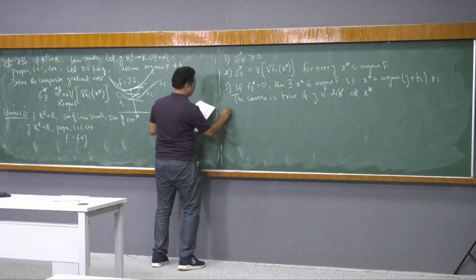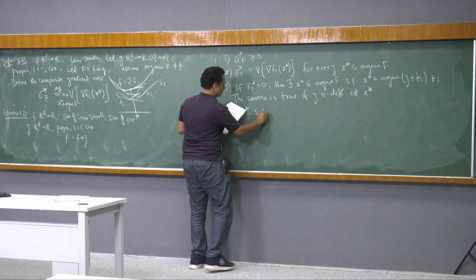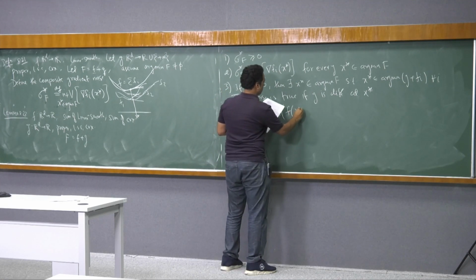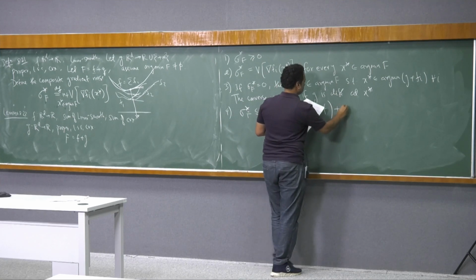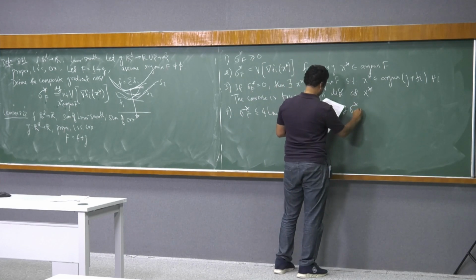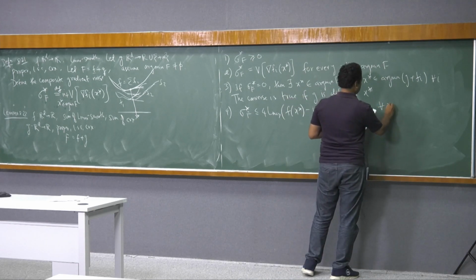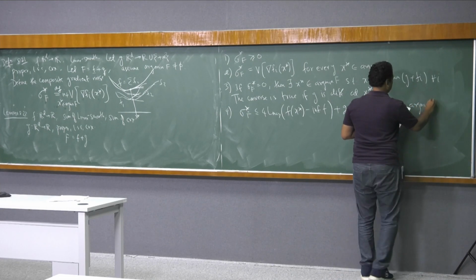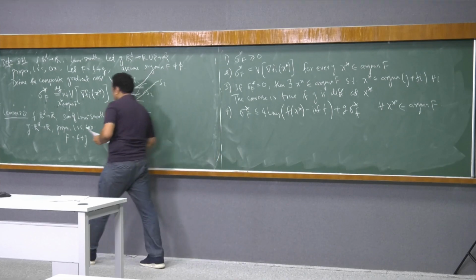And the fourth one is sigma star F is less than or equal to 4 L max times F(x star) minus infimum of f, plus 2 sigma star f, for all x star in argmin of f. Okay, so these are the results we are trying to prove now.